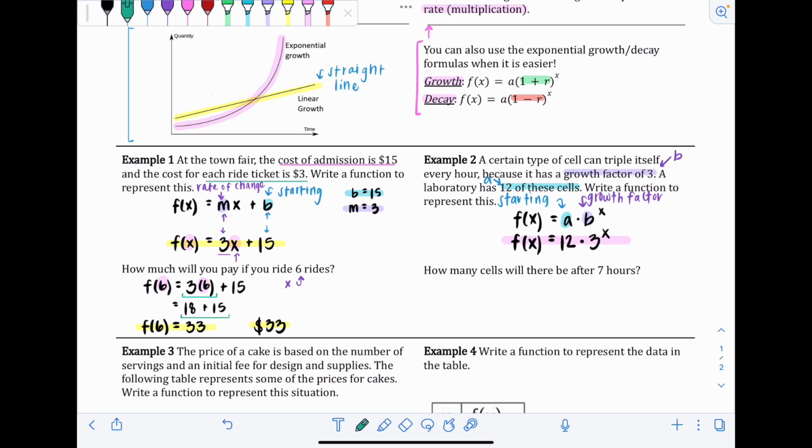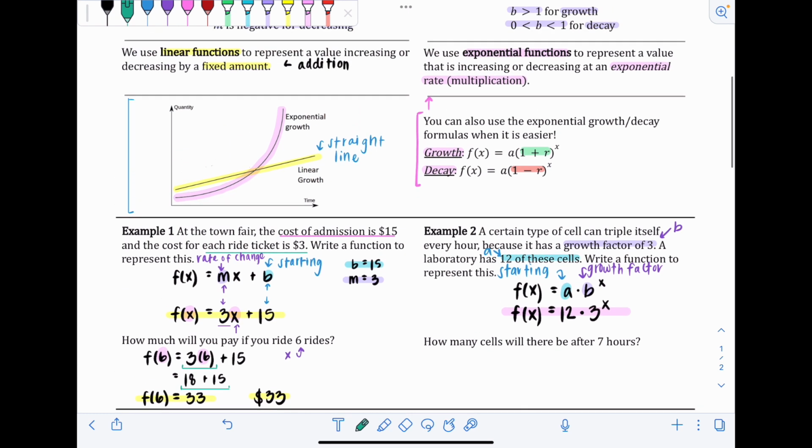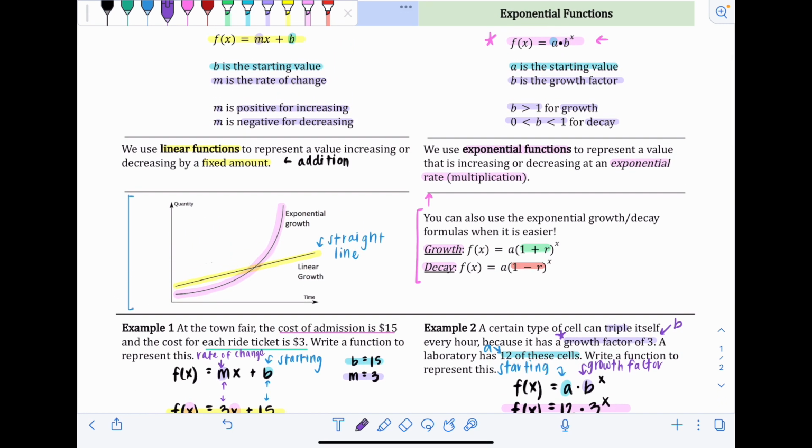And then I said I wanted to talk about why I chose this formula as opposed to the exponential growth or decay. Personally, whenever you see a word like double or triple, or you're directly given the growth factor like we were here, I think it's a bit easier to use that formula because it has the growth factor exactly in it.